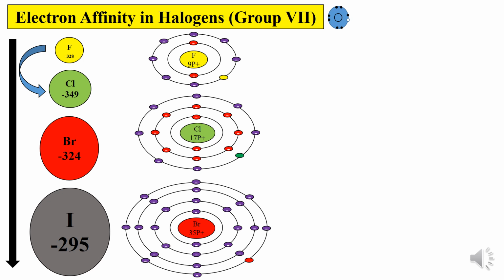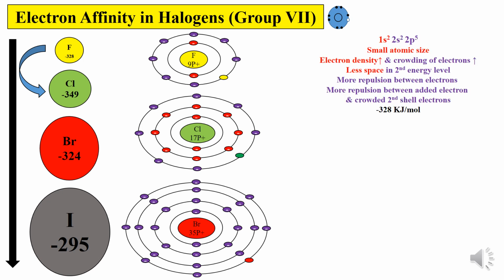Why is that? Now fluorine, its electronic configuration is 1s2 2s2 2p5. It has a smaller atomic size and electron density, and crowding of electrons is more in the second energy level. Therefore there is less space in the second energy level or the second shell, and this leads to more repulsion between electrons. So there's more crowding, less space, more electrons in the second energy level.